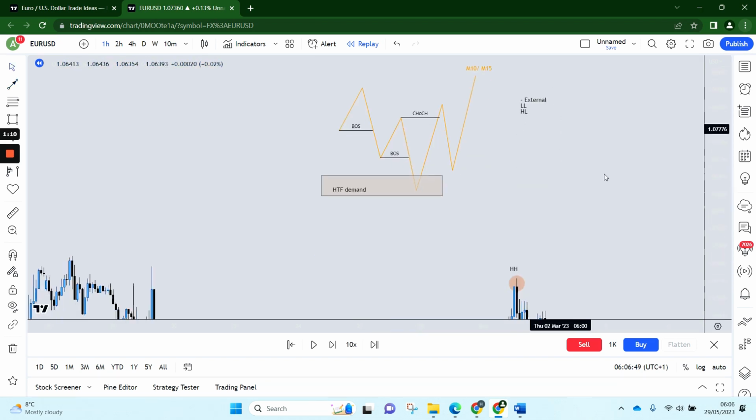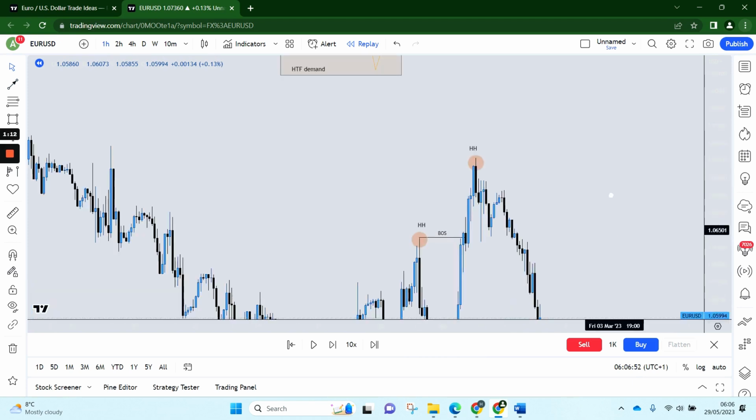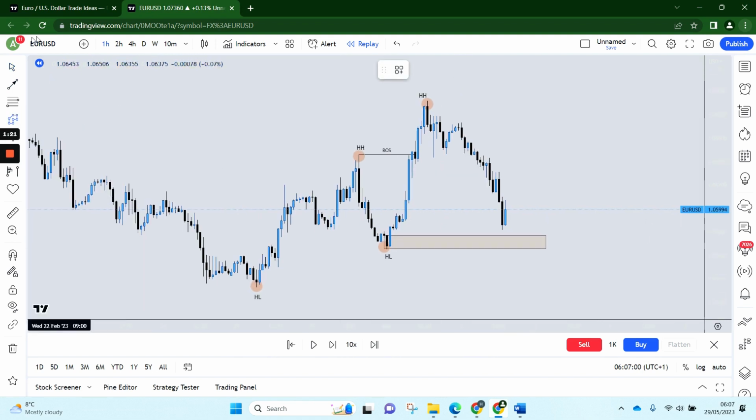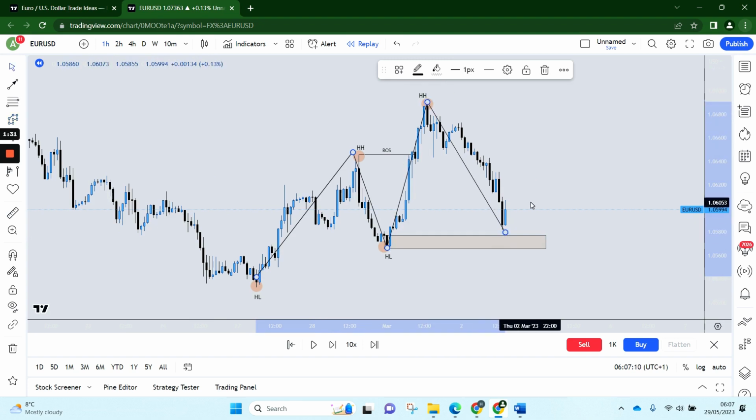So let's have a look at some examples on Euro USD. So obviously this is our external structure. Why? Because as you can see, this is the 1 hour firstly, and the market is uptrending. This is a higher low, a higher high, higher low, higher high, and now we are approaching a higher high.